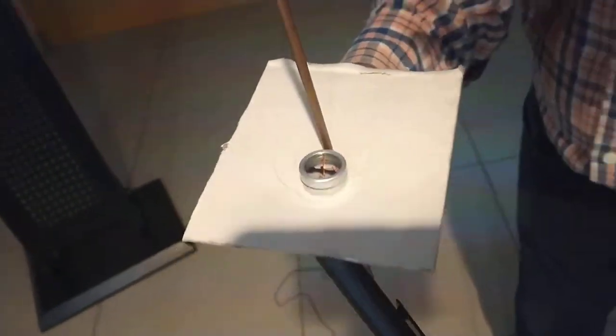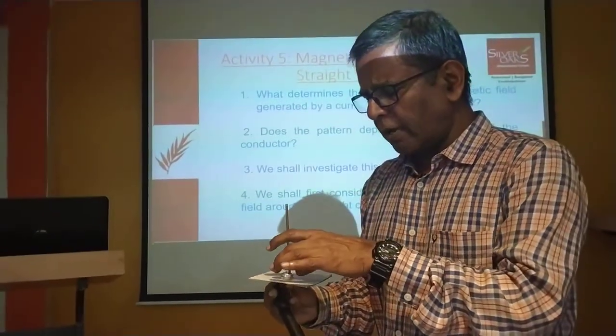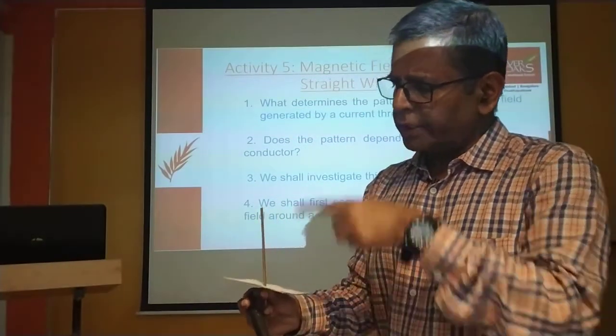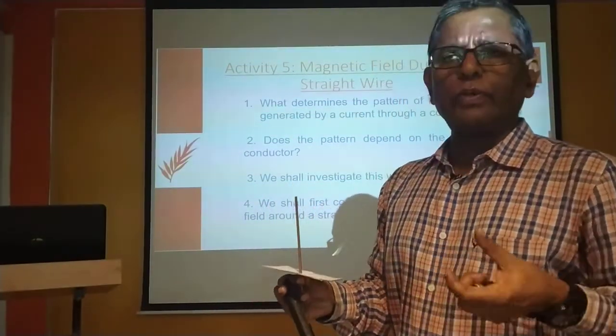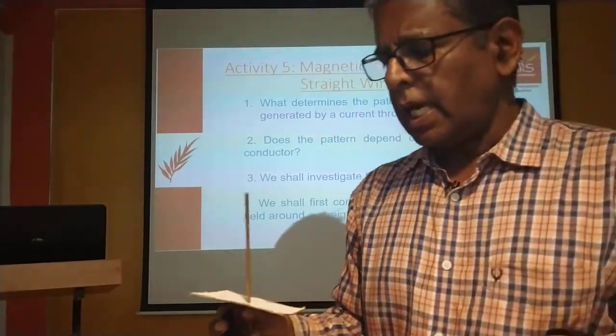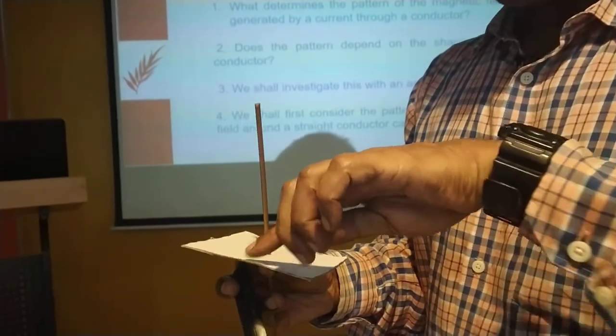Then we can reverse the direction of current through this copper wire and again draw the magnetic field lines, and we'll also see the effect of increasing the current. So I'll increase the current in this copper wire and see whether the magnetic field is increasing or decreasing, and then we'll see the effect of moving this magnetic compass away from the wire.